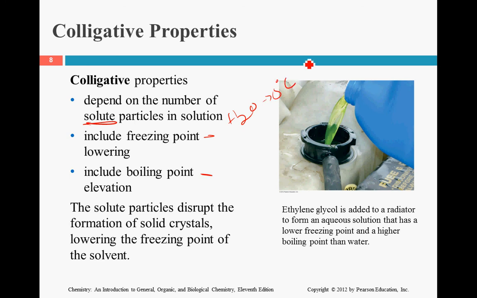However, you may have noticed that in the wintertime, they sometimes put salt on the roads to prevent ice from forming. Well, that's all because of these properties. What happens is when ice forms, we have water here.